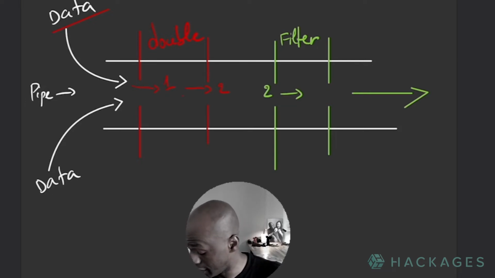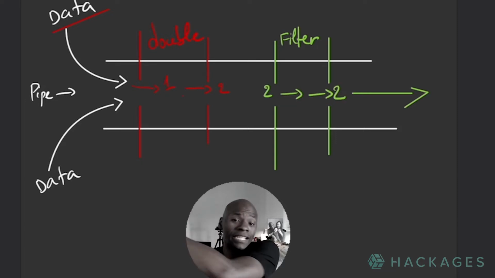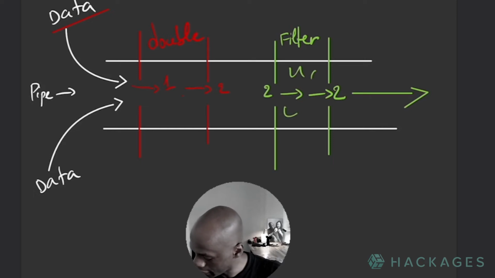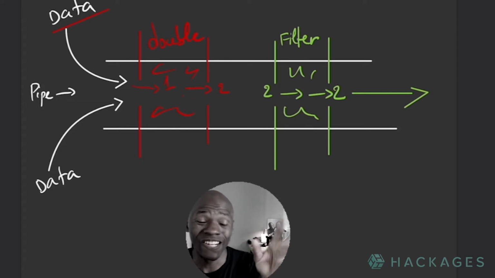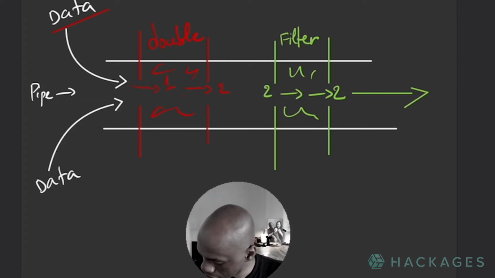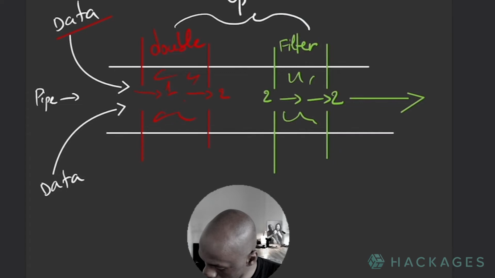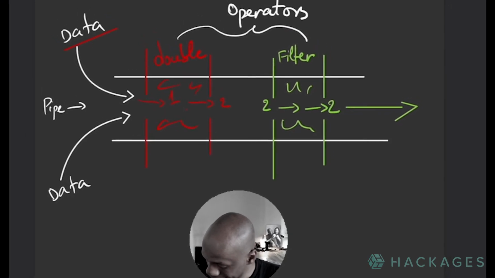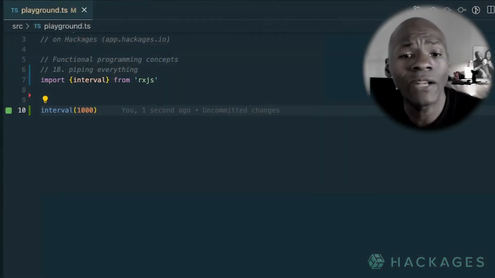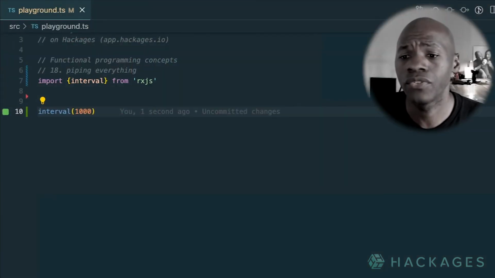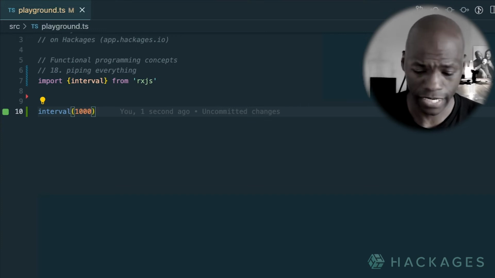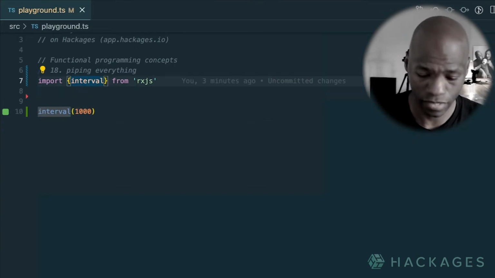If it is an odd number, it will put it over, it will send it on the other side. But inside here is where you have all the operations happening. What you see in the middle there are what you call operators. These two things are operators. So you have the data, and then you have the operators happening on the other side. Now let's see a little bit in terms of code how you do so. Here I have this, and I need to import operators right here.